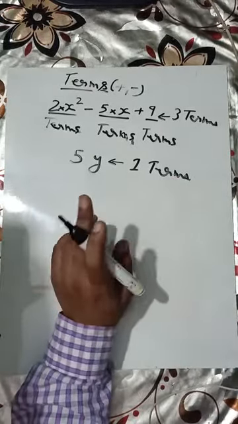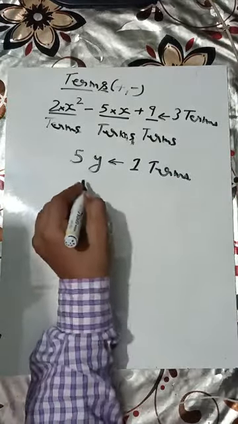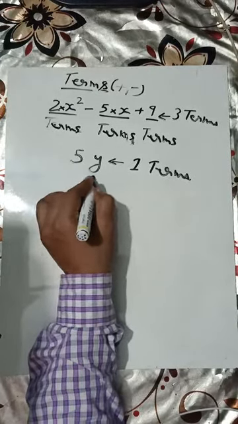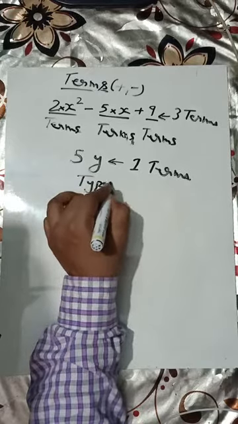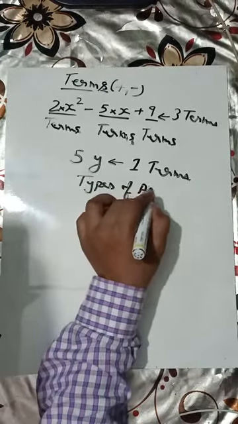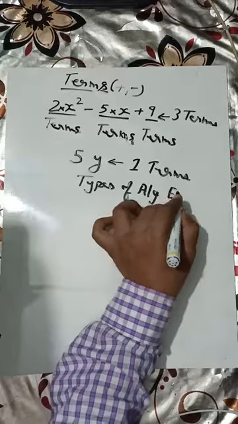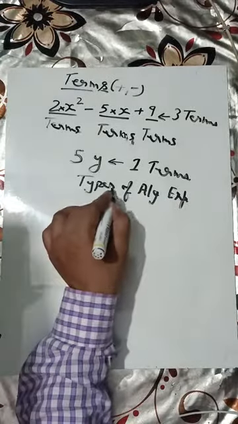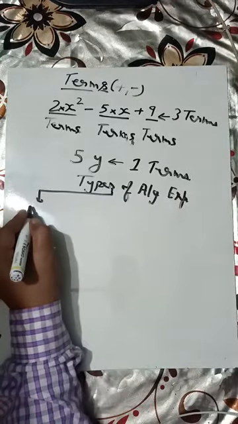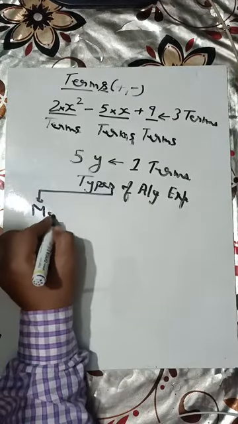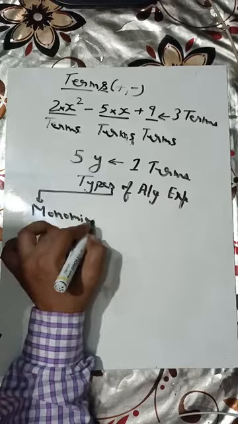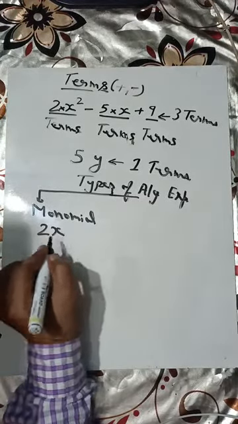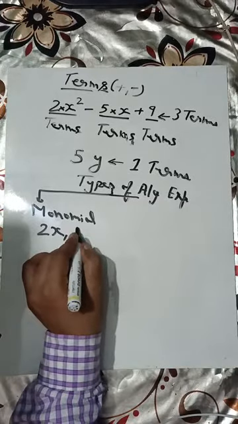Now algebraic expressions are classified; these are the types of algebraic expressions. If you have one term, it is called a monomial, like for example 2x, or y simply.